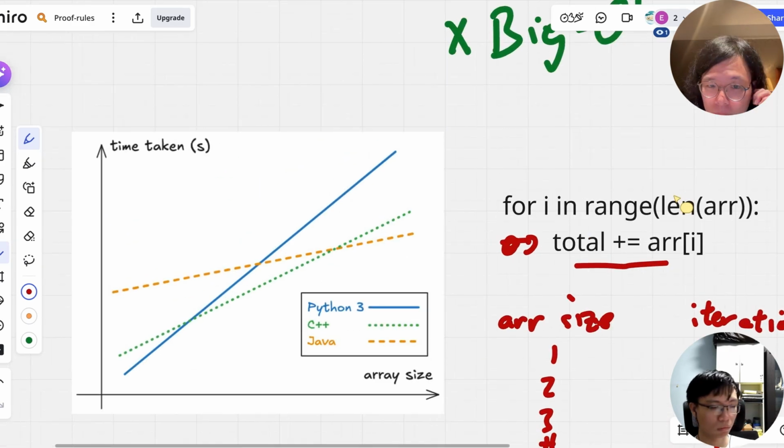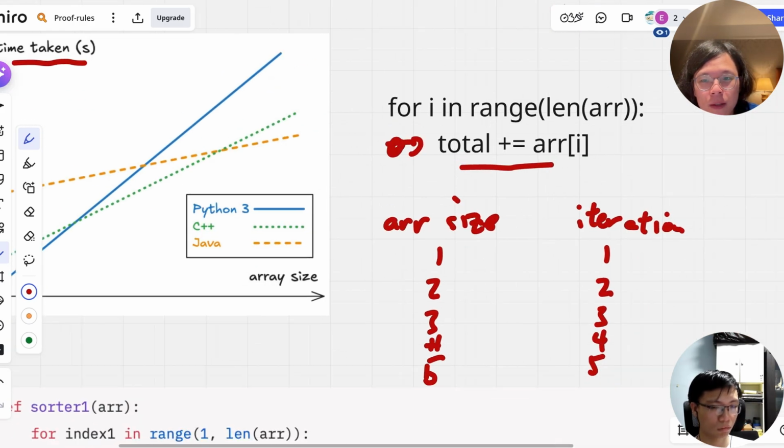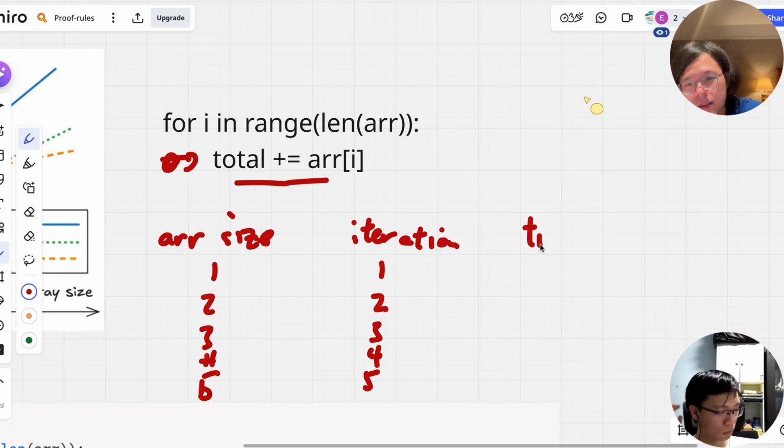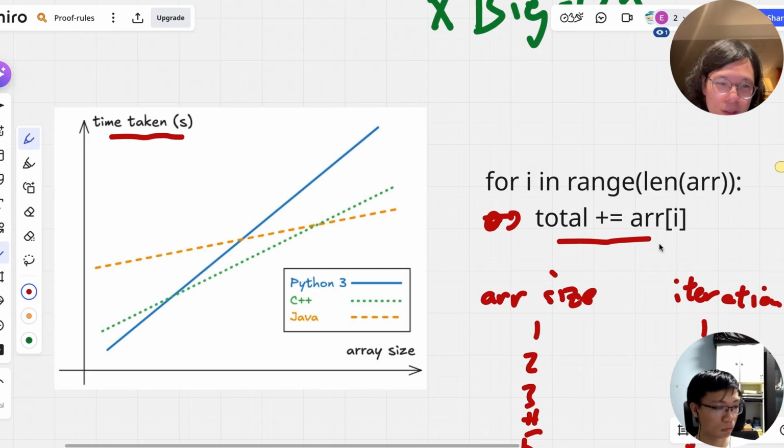And basically, you might want to argue about the running time, or the time taken for your program to run. It might be the case that if you use a different programming language, the exact time taken might be different. In fact, that's the whole point of this graph, right?